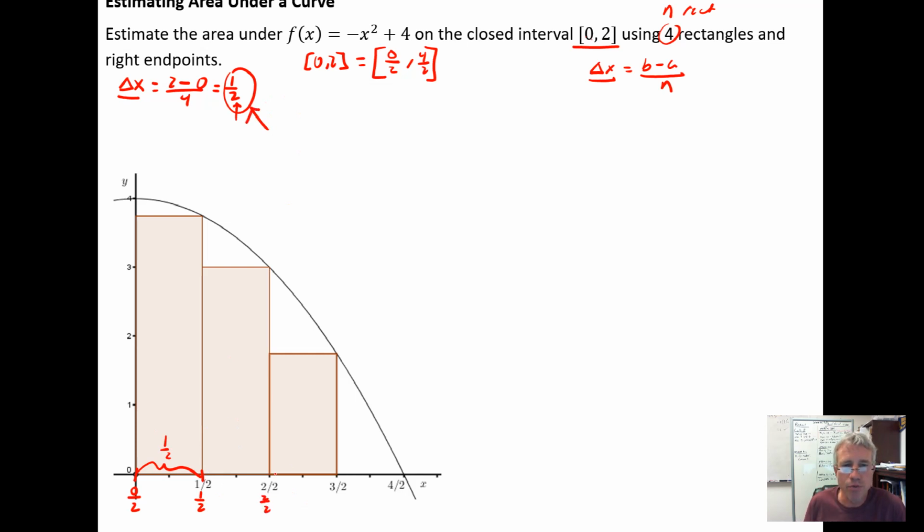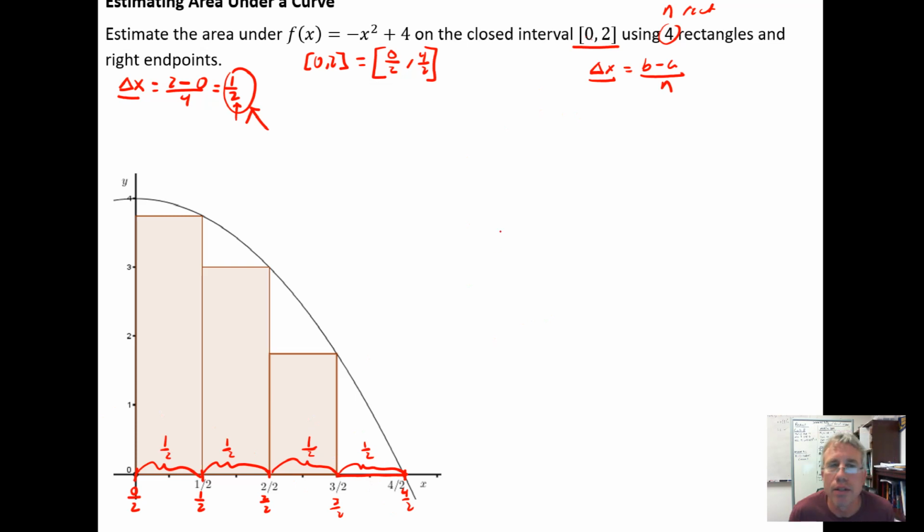And again, like before, we don't want to reduce our fractions to lowest terms because we're going to be using sigma notation. So 2 halves plus 1/2 is 3 halves, and that'll give us a rectangle of width 1/2. And then we go 3 halves plus 1/2 to get out to 4 halves. And we're actually going to wind up with another rectangle here that's going to have a height of 0. This width is going to still be 1/2.